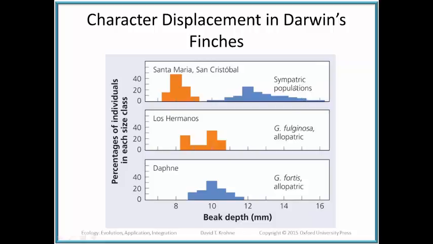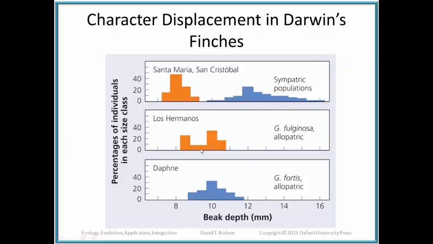On the other hand, when you have sympatric populations, that is, the two populations together on the same island, look what happens. It's referred to as character displacement. The two species are separated from one another. The actual character, bill length, changes over time such that this particular species in orange has generally smaller bills or beaks, and the Fortis species has larger or longer beaks.